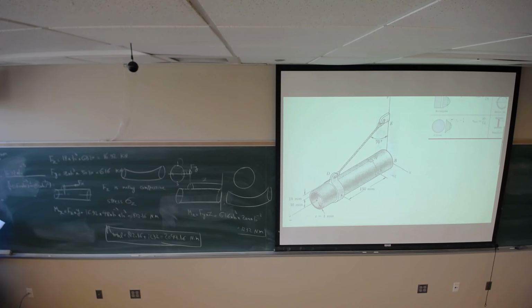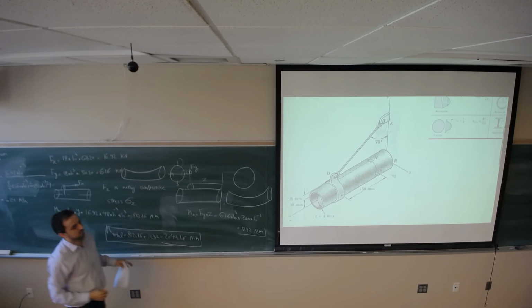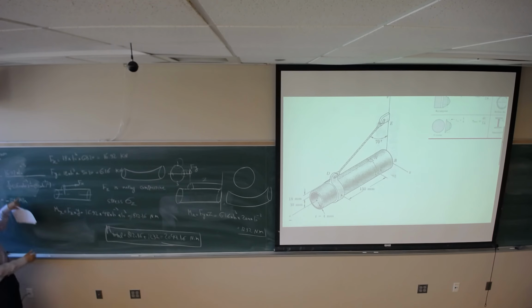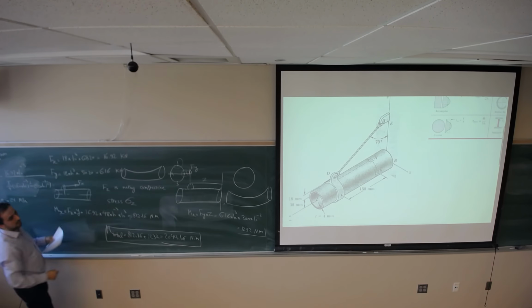If I do the math, I will get negative 24 megapascal. Negative meaning it's a compressive stress. That's sigma z. So sigma z for the bending moment is going to be Mx times y, which is half of the diameter, divided by Iz.